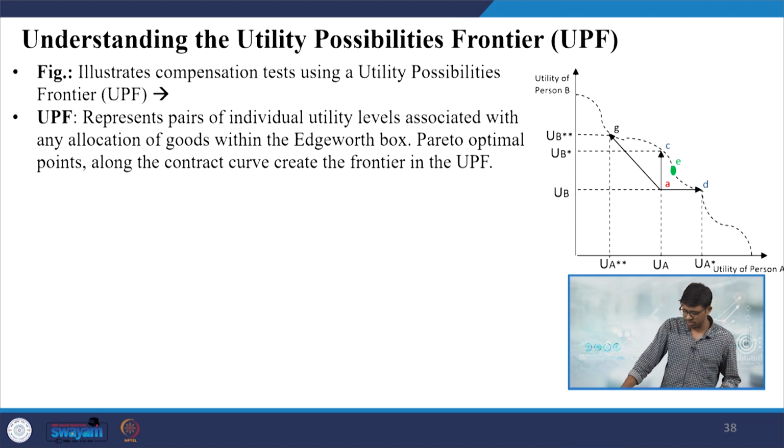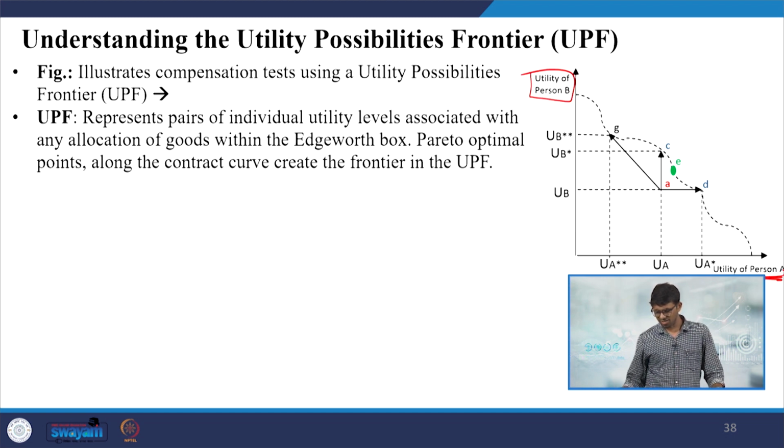This is the same Edgeworth box diagram, however, here the utility of person A as against B is considered, and as we have seen, on the contract curve we have compared A to G, A to C and A to D in our diagram. We have largely discussed this.